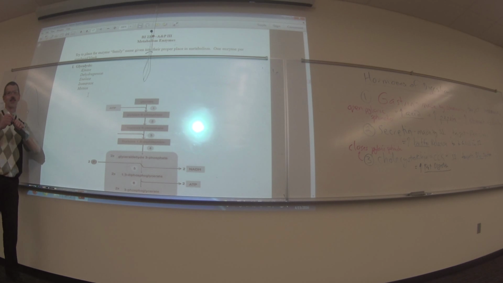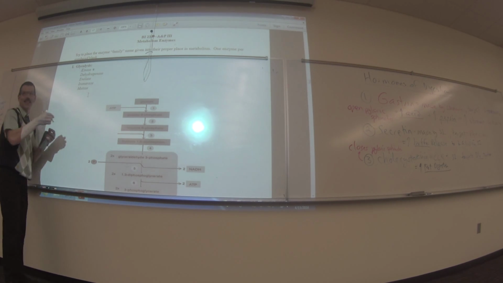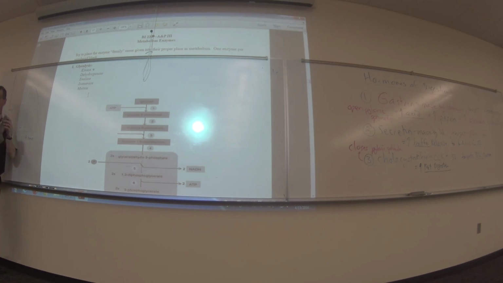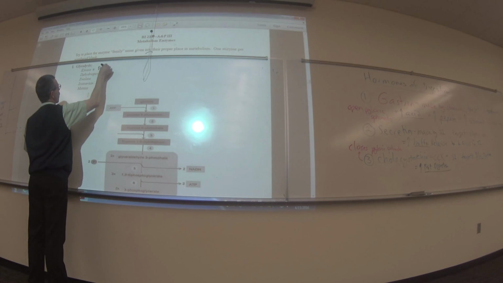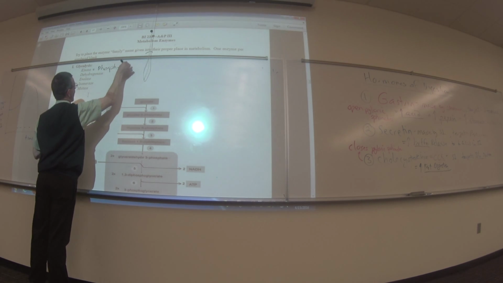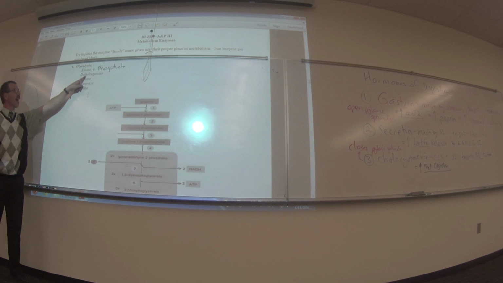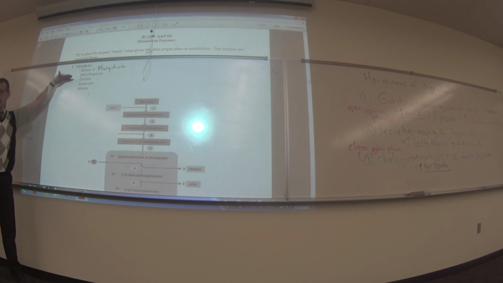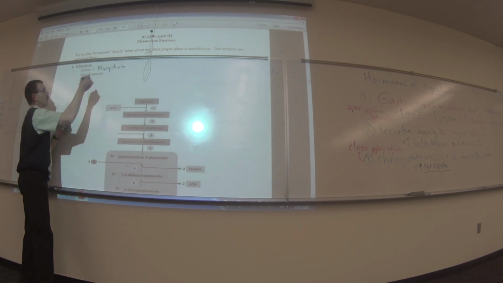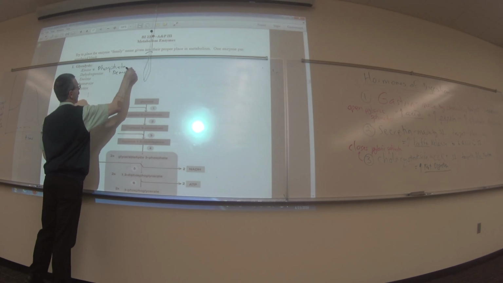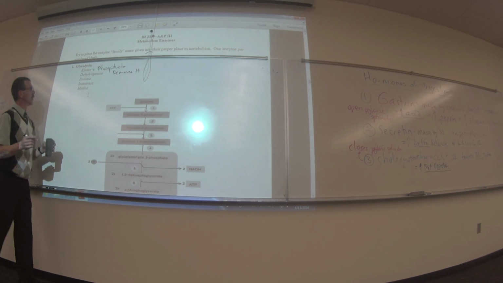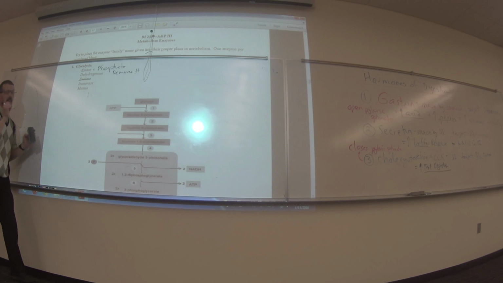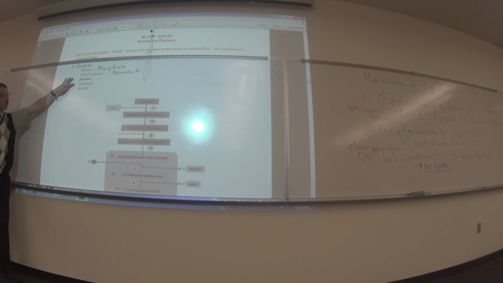So kinase, does anyone know what a kinase deals with? Phosphate. Very good. It deals with a phosphate group. All right. Dehydrogenase does what? Removes the water. Removes hydrogen, an H. Very good. We're gonna cross off enolase. I'm not gonna care about that one. Can you guess what isomerase does?